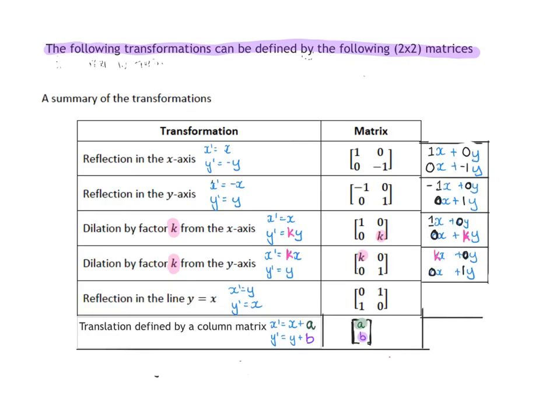So really, let's have a look at our transformations. If we look at a reflection in the x-axis, remember that made the y negative, didn't it? If I want to do that transformation, I set this matrix up here. So nothing happened to the x.